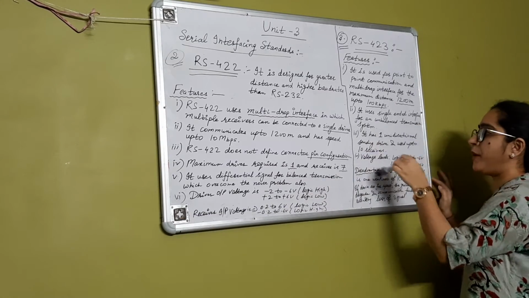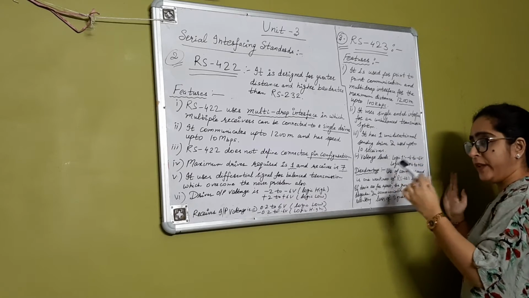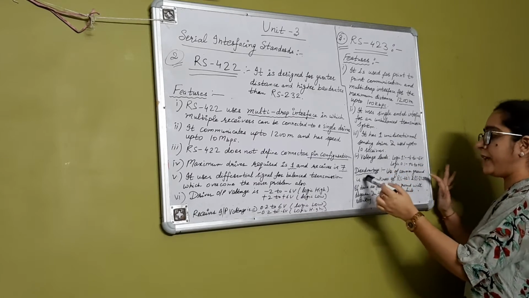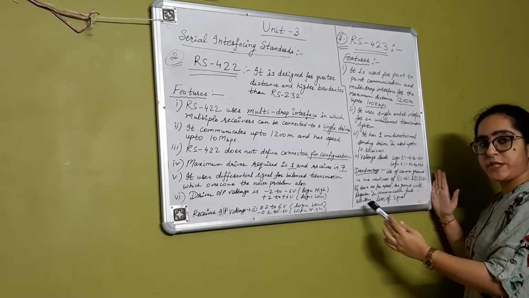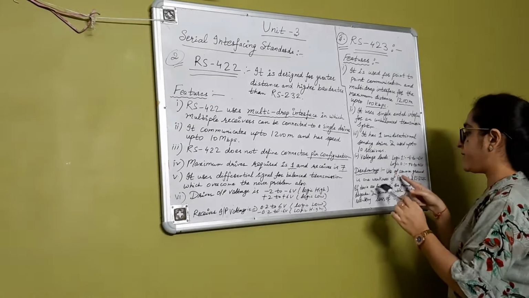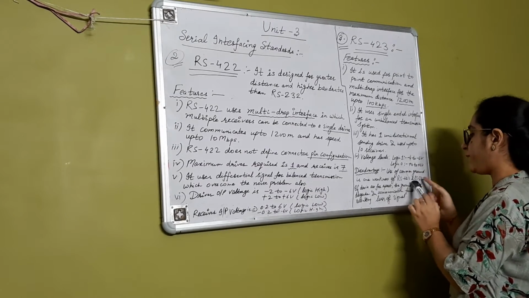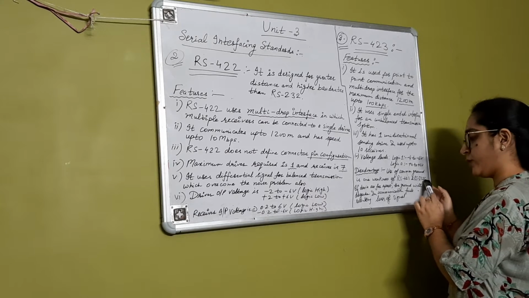So the noise problem has not been overcome by this if the distance goes larger. So that is the disadvantage of RS423 and RS232. Okay. So the disadvantages: use of common ground is one weakness of RS423 and 232.